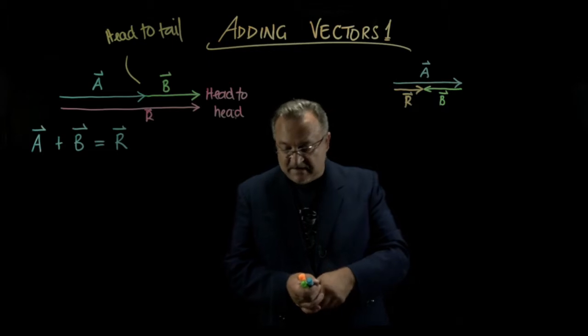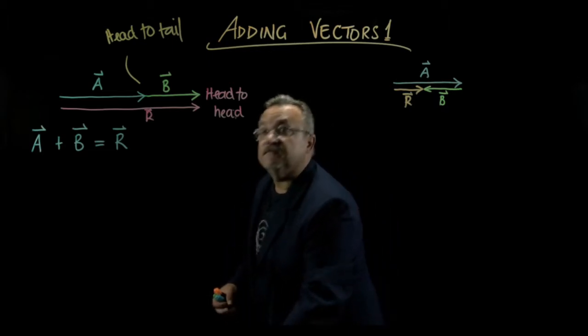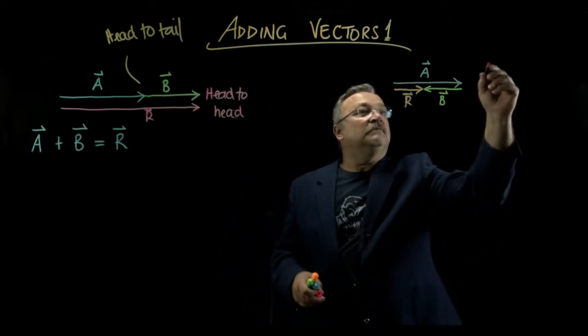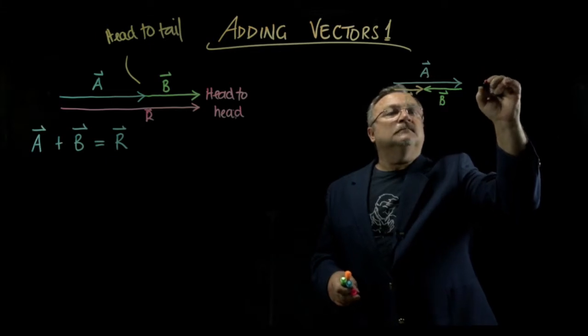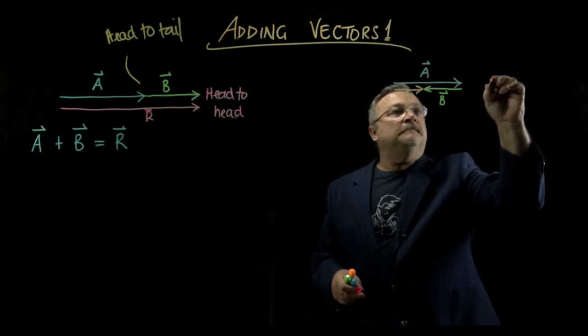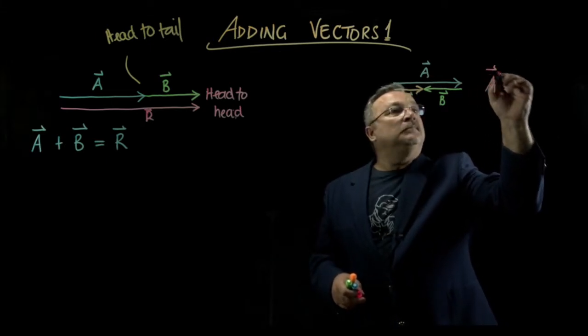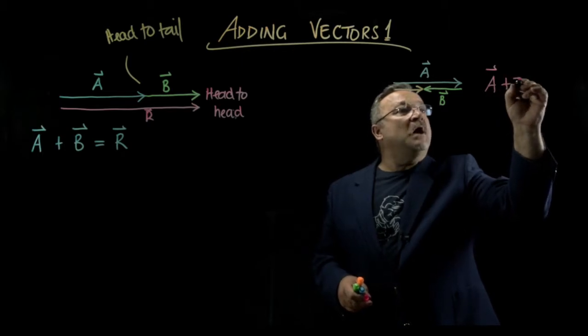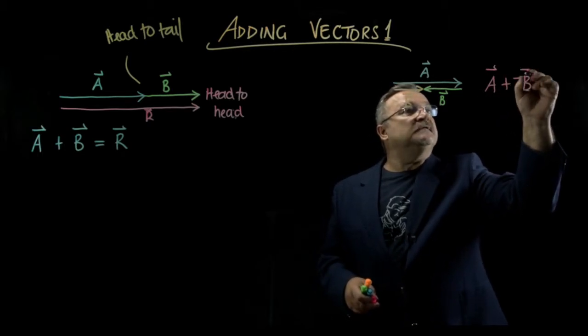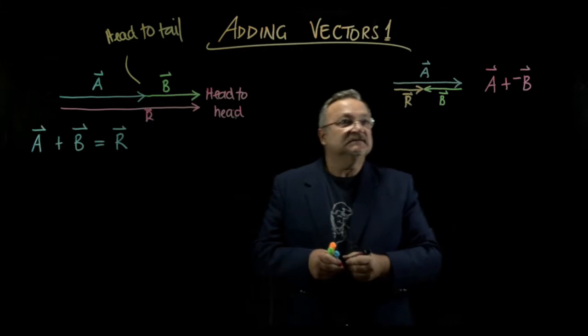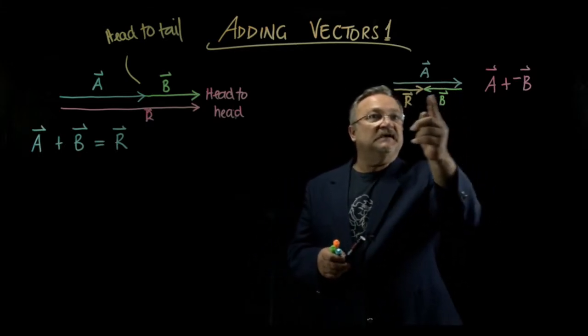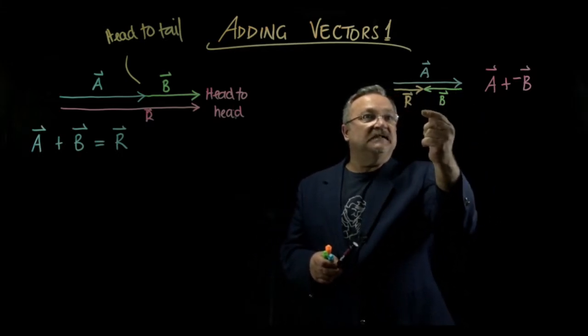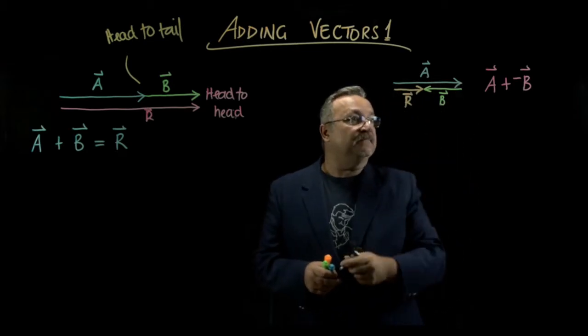So let's write that now algebraically. We'd say vector A plus minus B, because minus represents the direction to the left. You can see here, B is directed to the left, whereas A is directed to the right, which is positive.